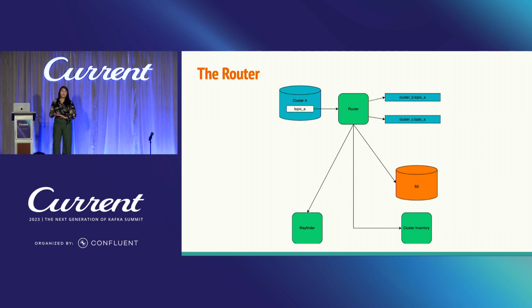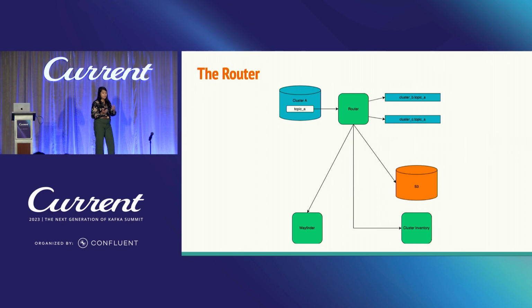Once it creates those routed topics, it's going to create a number of consumers based on the number of source topics. So in this example, there's only one, so it would only create one consumer for topic A, but say if topic A had another source cluster, it would create another consumer for that. It also interacts with our cluster inventory just as a sort of sanity check, to double check that the source clusters are actually available to be consumed from.